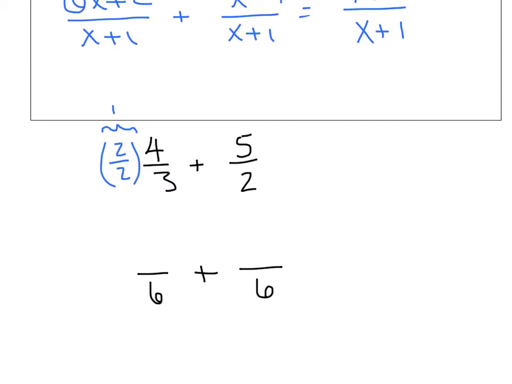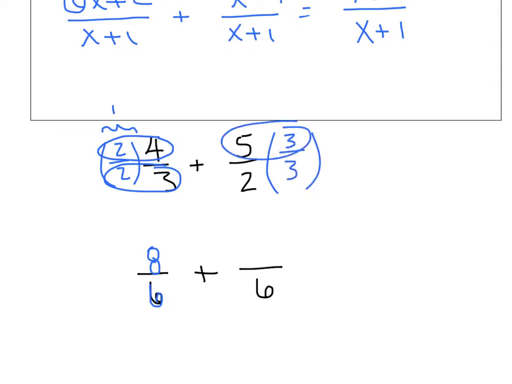As I multiplied, the 2 times the 4 gave me 8, and of course the 2 times the 3 gave me the 6. And then I came over to the second fraction. I said, well, the only way to get a 6 is if I multiply the top and the bottom by a 3. Numerator gave me a 15, and the denominators gave me that 6 that I wanted. Now, once I got those common denominators, the problem became very easy, and we ended up with 23 over 6.